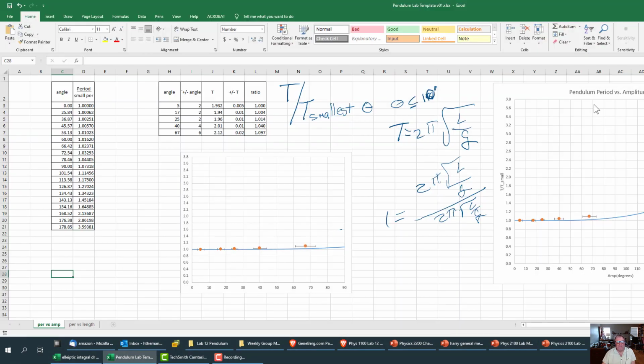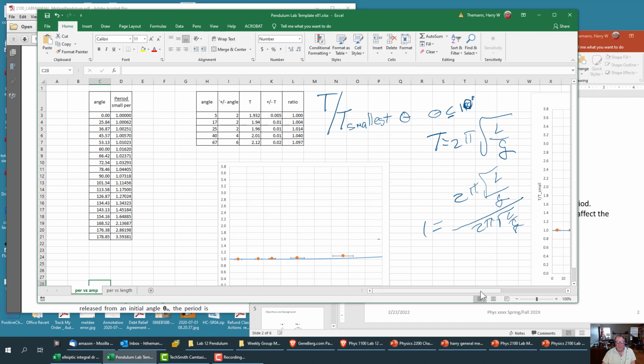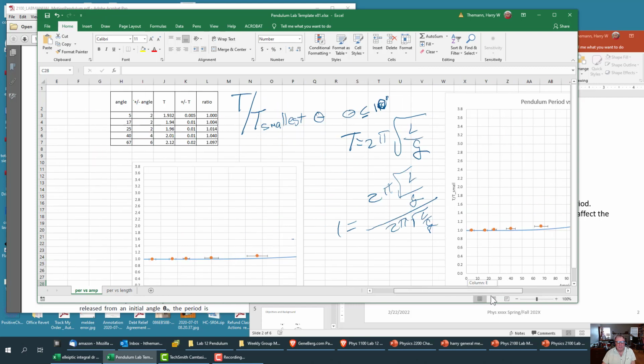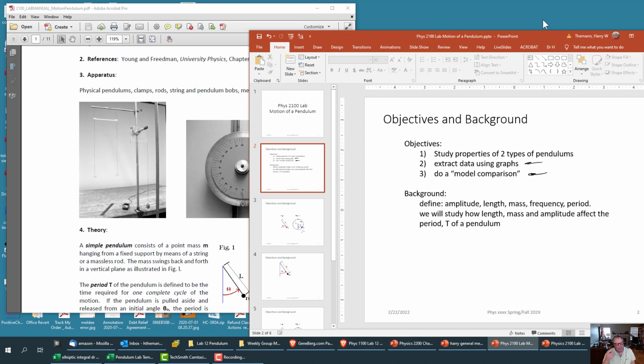We're going to compare data to an elliptical integral to test whether or not our pendulum actually matches up to the equations. And this is what physics is about. You have a back and forth between experimentalists and theorists.